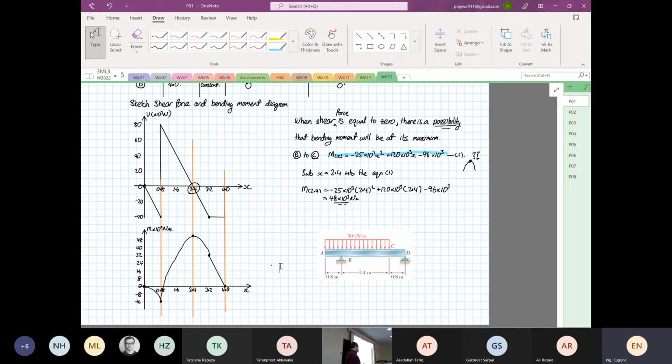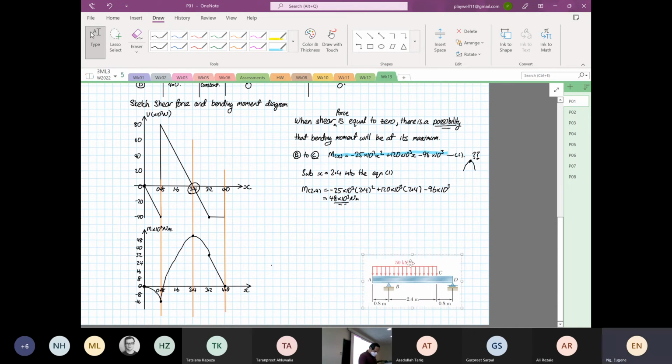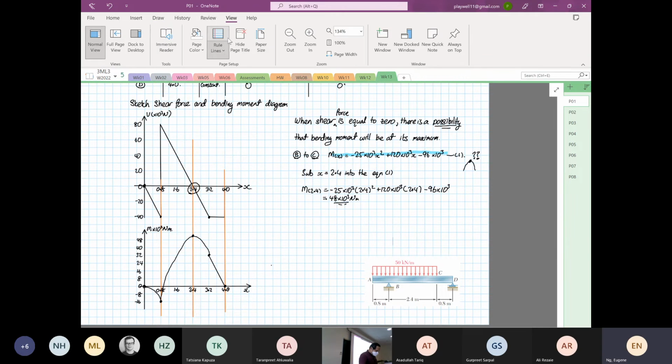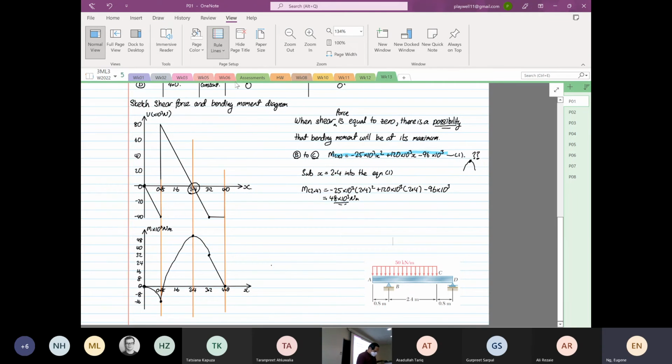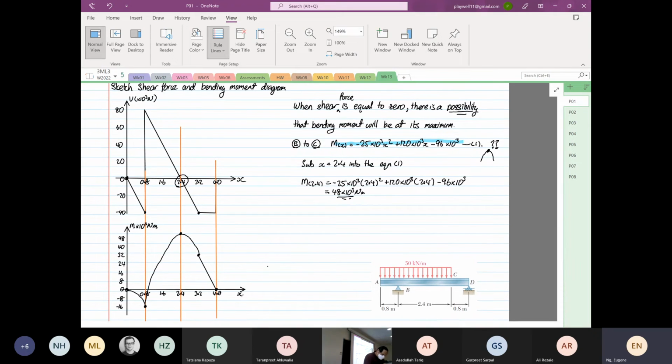Now, I want to explain that there is a trend between both the shear force and bending moment diagram. Okay. So what trend are we talking about? If we were to look at the shear force, I'm going to make this statement. Okay. So this is the first trend that we see. When shear force is equal to 0, there is a possibility that bending moment is maximum.